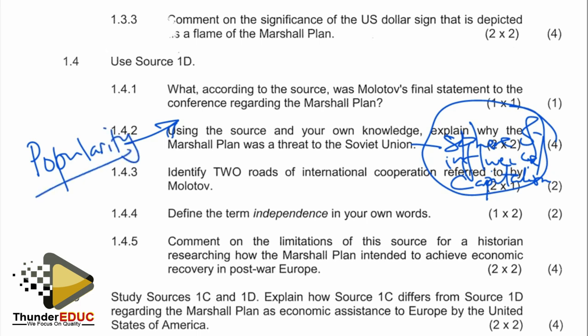It was now the US and its allies who were going to be popular among the people of the world for doing good, and more people would follow the capitalist ideology. Hence, Russia was going to lose support.